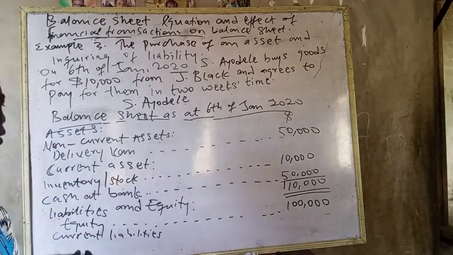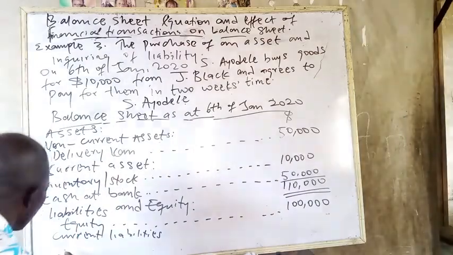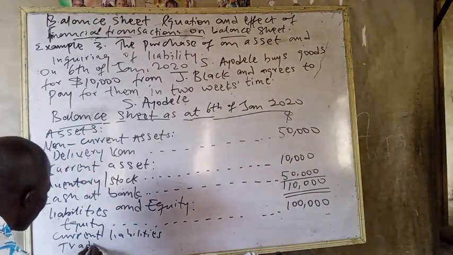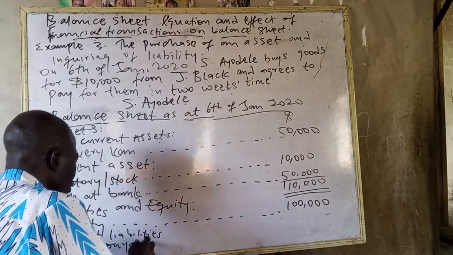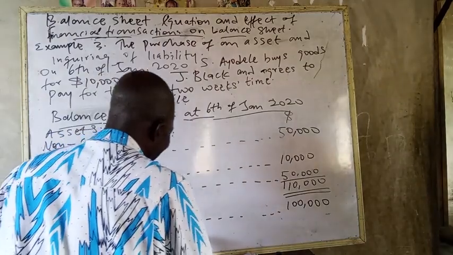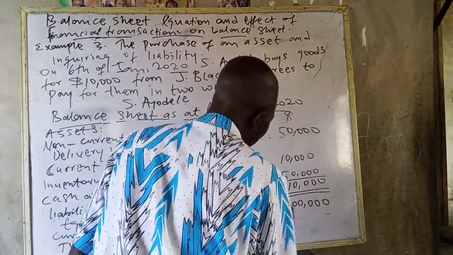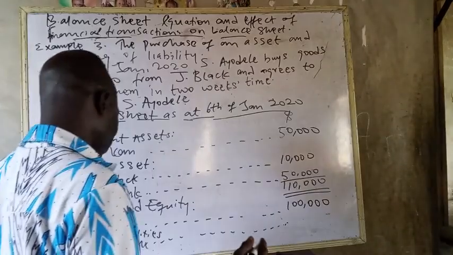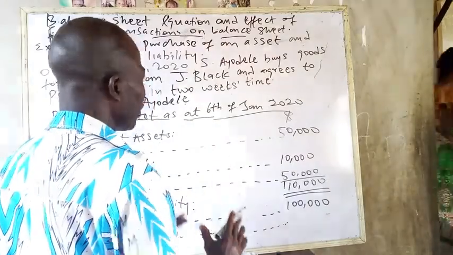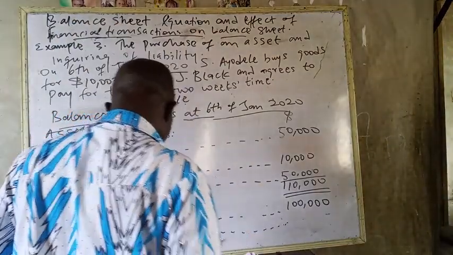How do you represent current liabilities? It is called trade payables. And how much is this? The video is going to be a long one, but you will understand it very well. How much is that?